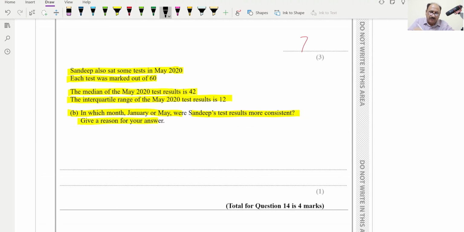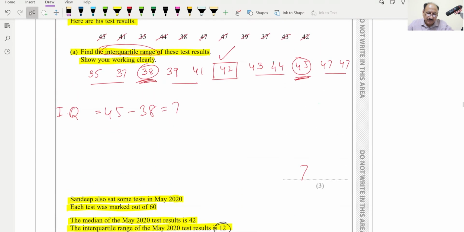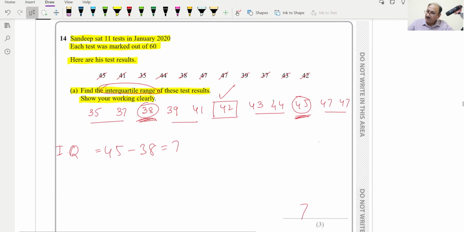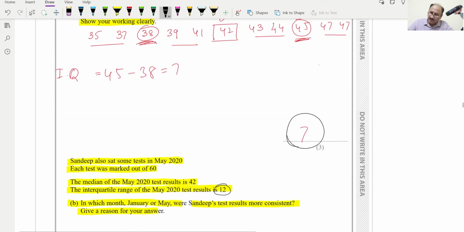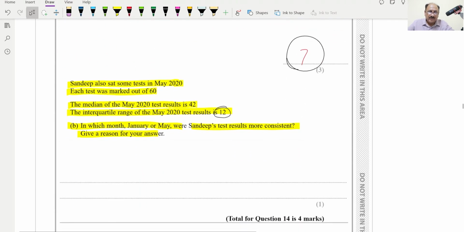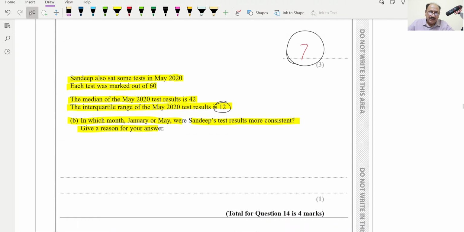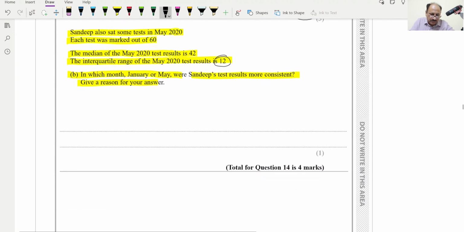So if we check, in May the interquartile range was 12, and in Jan the interquartile range we have discussed is 7. So we can say that in Jan the interquartile range was 7.